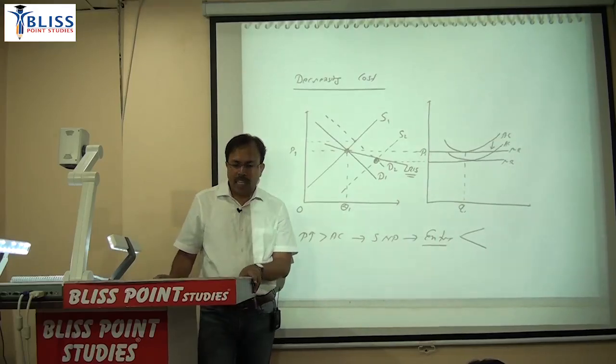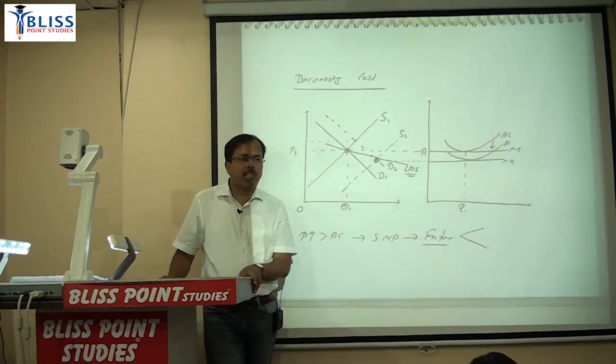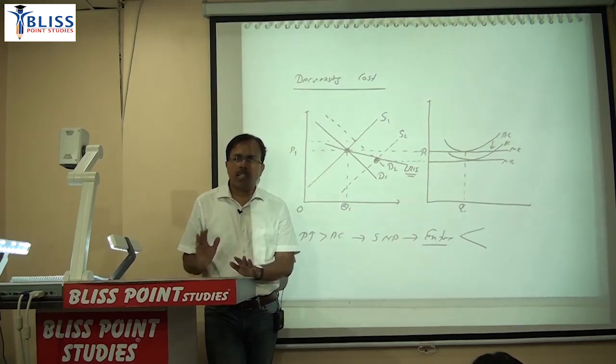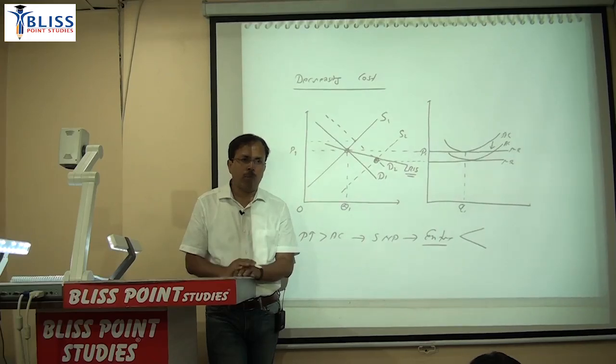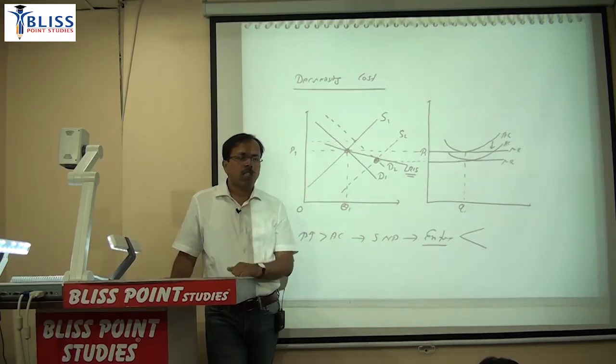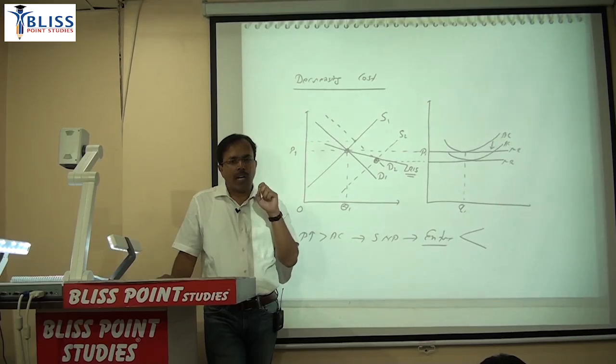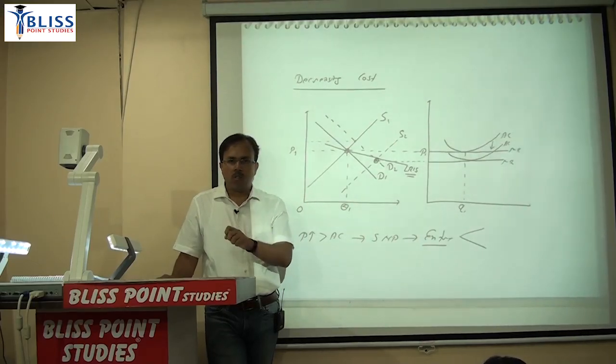So if any time question says can supply curve be negatively sloped? Yes, it can be. Normally हम supply curve positive बनाते हैं, but can supply curve be negatively sloped? Yes, it can be. Under which case? Decreasing cost industry. So in a decreasing cost industry, due to external economies of scale, supply curve can be negatively sloped.